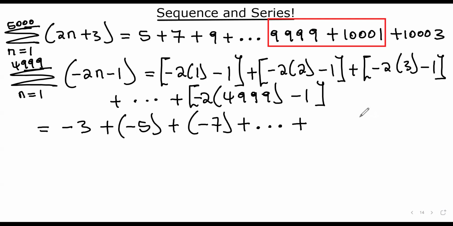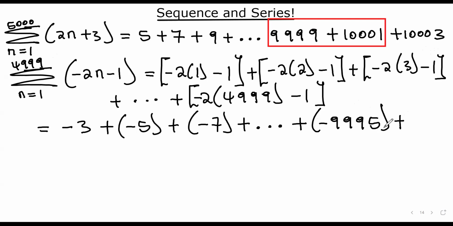Once again, let's find the last 3 terms. The last term, we know that we obtain it by substituting 4999, which means the one before the last, we substitute 4998, the one before that, 4997. And we get -9995.